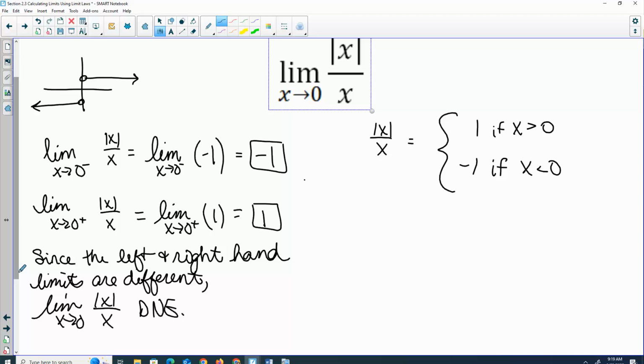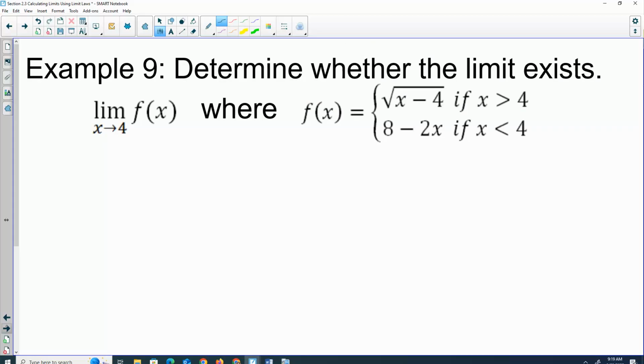I want to try maybe 2 more examples. We'll see how long this one takes, and then I'll stop for today. How would we decide if this limit exists?